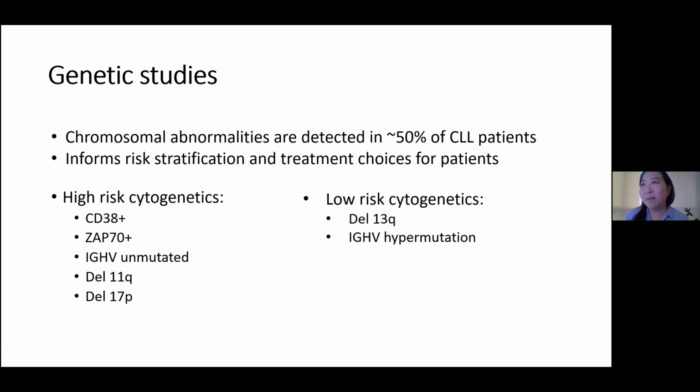Something I want to bring up to your attention. Okay, so briefly, genetic studies can be detected in about half of CLL cases, and it informs prognostication and treatment choices for patients.